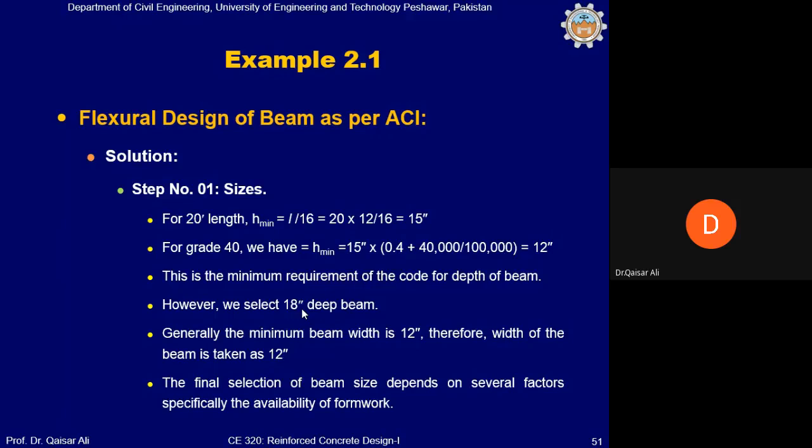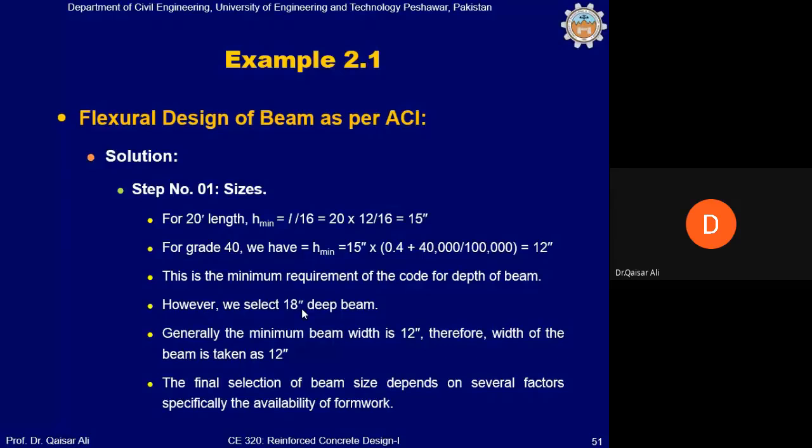A depth of 24 inch is also available. And if we slightly increase the depth of the beam, you know that phi Mn is equal to phi As fy (d minus a by 2). When the depth of the beam increases, the area of steel will decrease, and you know that concrete is cheaper than steel. So if we slightly increase the depth, it has a lot of advantages. One advantage is that the reinforcement required will be less.